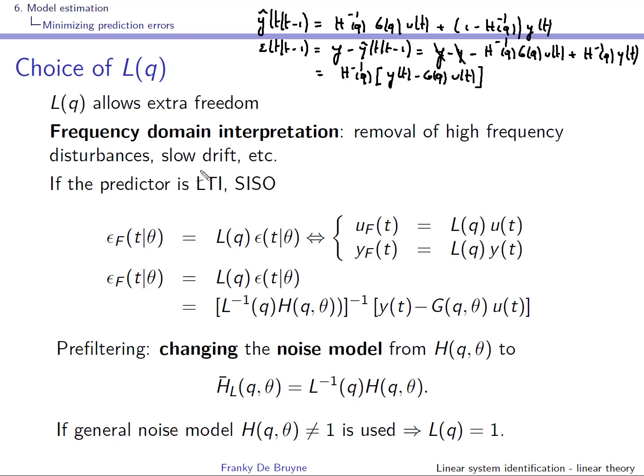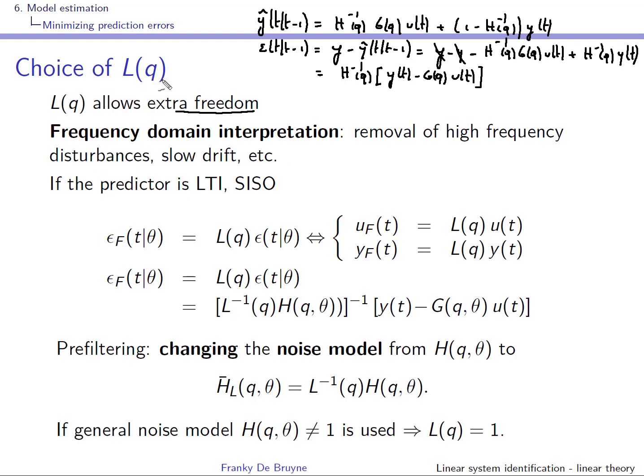So we have seen that L(q), the filter, gives you an extra freedom, and in the frequency domain, I've said you can use it to orient the fit in certain frequency ranges, but you can also see it as the removal of high frequency disturbances, of a slow drift and things like that.